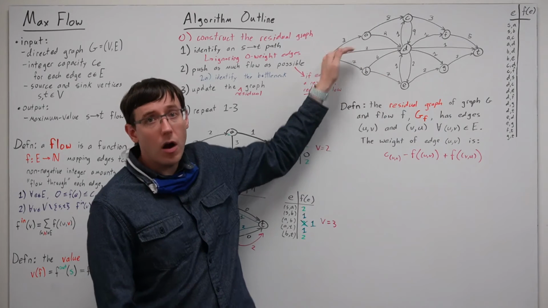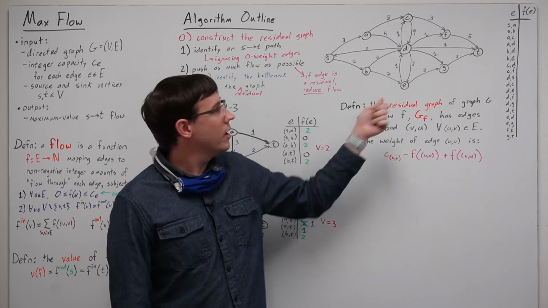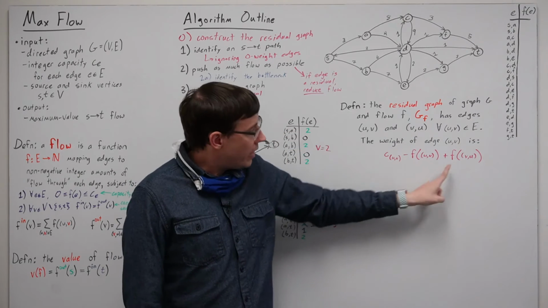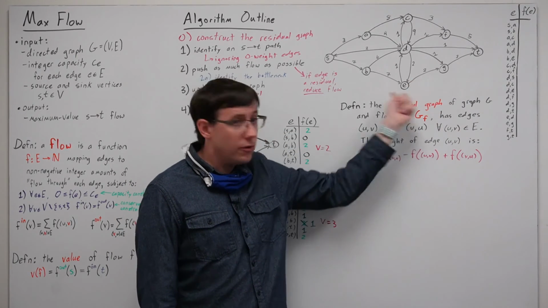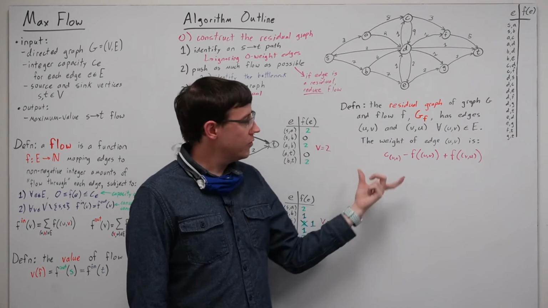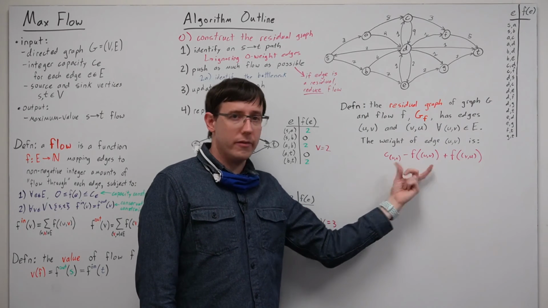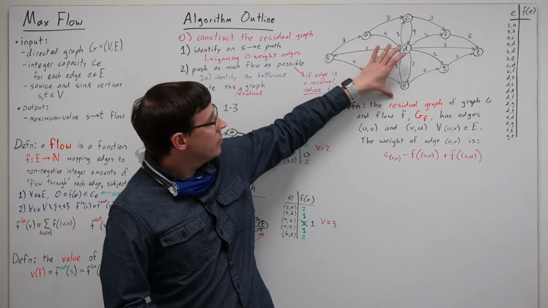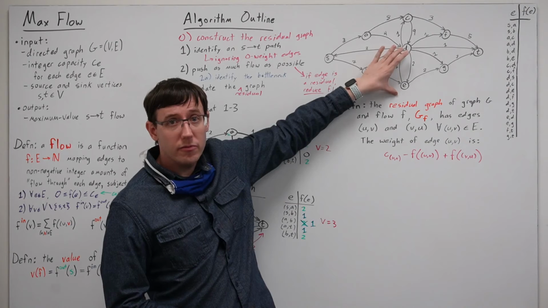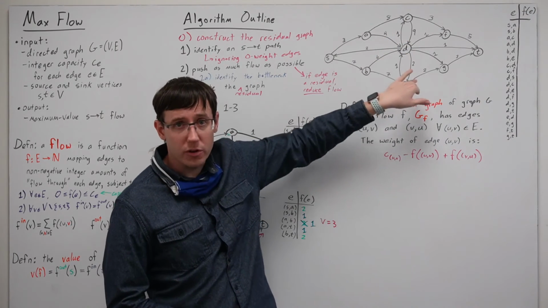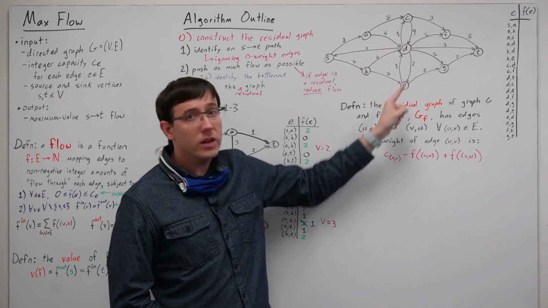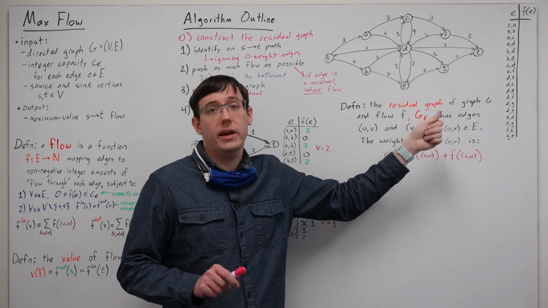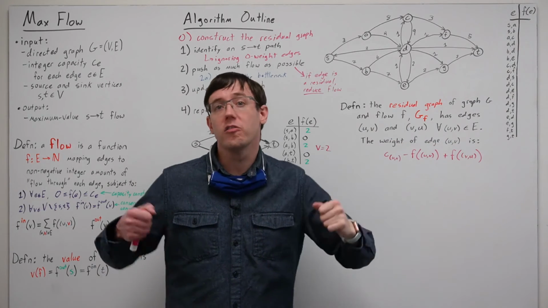For edges that are present in the original graph, but don't have a reverse edge in the original, they will never have a flow in the other direction, so their weight in the residual graph is their capacity minus their flow. But if we have vertices in the original graph that have edges in both directions, then if there is flow on one of those edges, that will affect the residual weight of both.